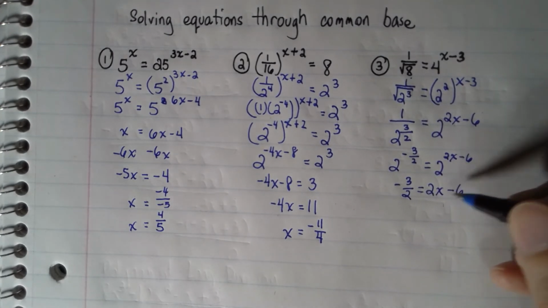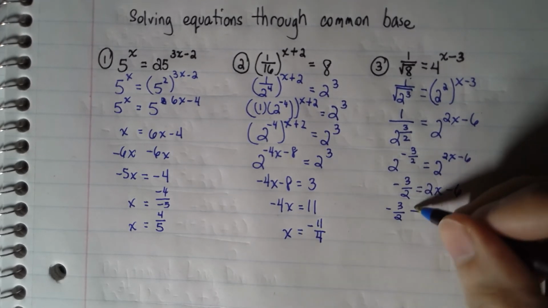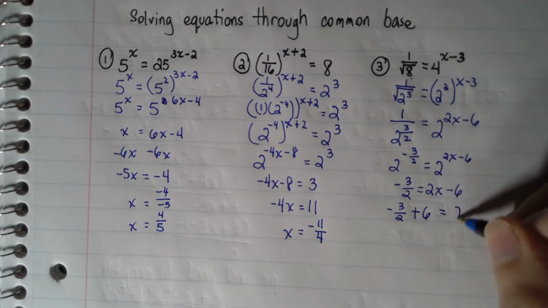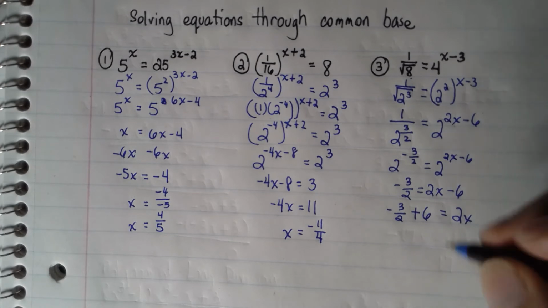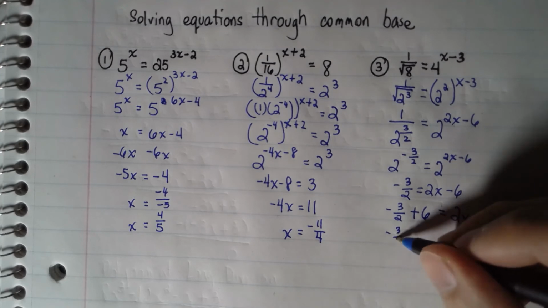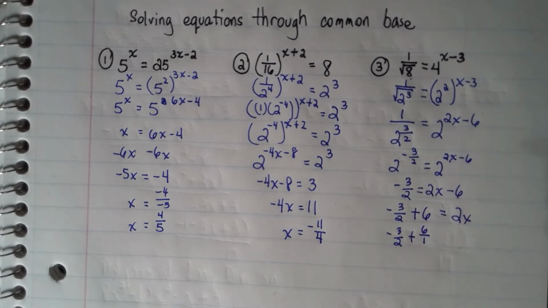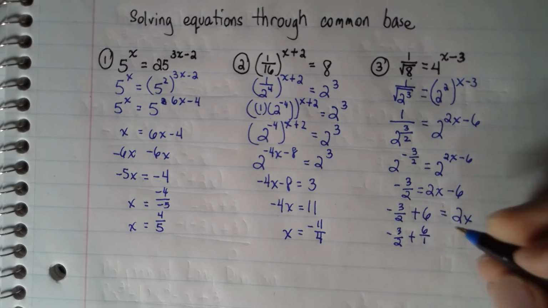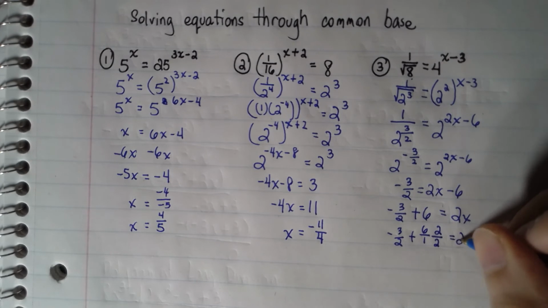Now to solve for x, I have to add 6 on both sides. And I end up with this equation. And in order to add, we need a common denominator. So in order to get a common denominator, I need to change 6 to 6 over 1, which have different denominators. So I need to multiply this 1 by 2 so that we have a common denominator.